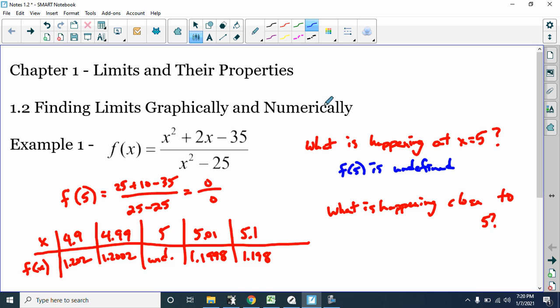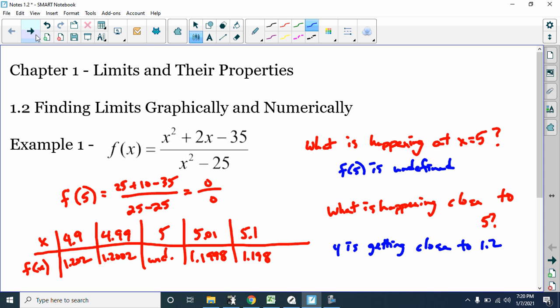Close to 5, the y values are getting closer and closer to 1.2 on both sides here. That was 1.198, 1.1998. The next one would be 1.19998. The y value is getting close to 1.2.